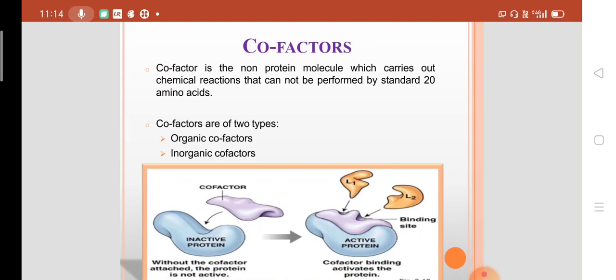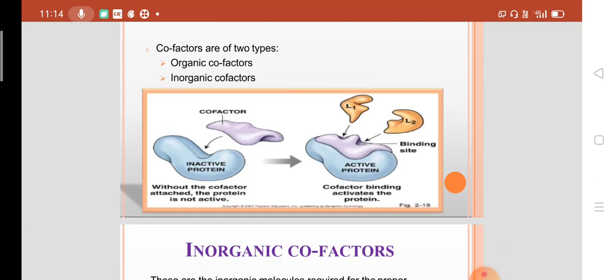There are certain cofactors which carry out chemical reactions. A cofactor is a non-protein molecule which carries out chemical reactions that cannot be performed by the standard 20 amino acids. Cofactors are of two types: organic cofactors or inorganic cofactors.